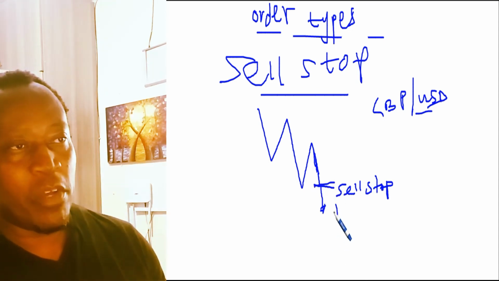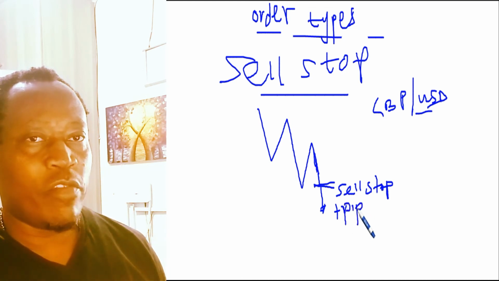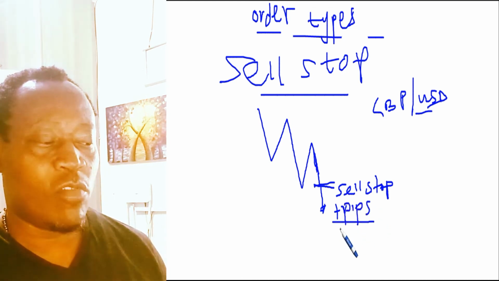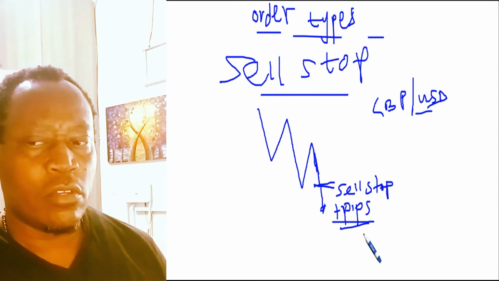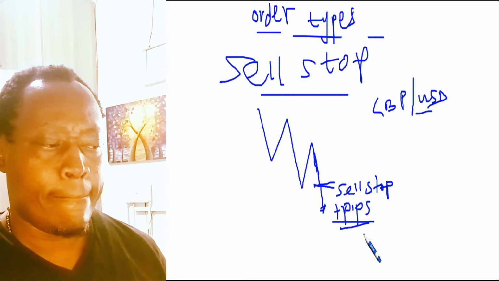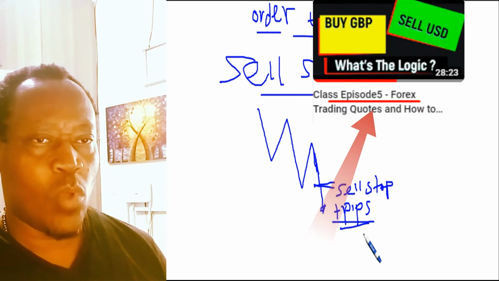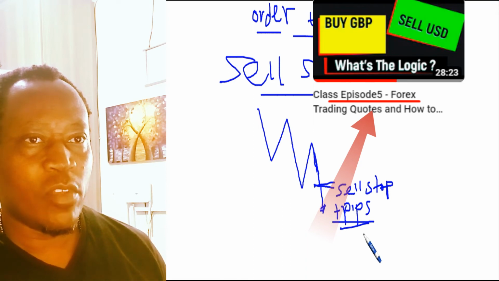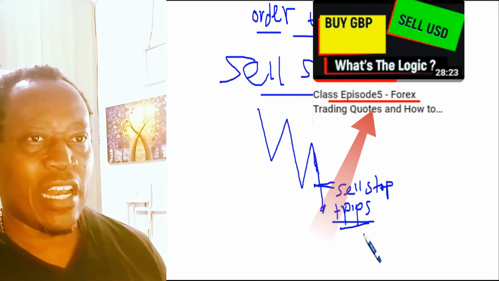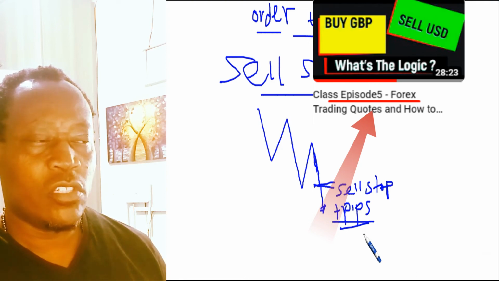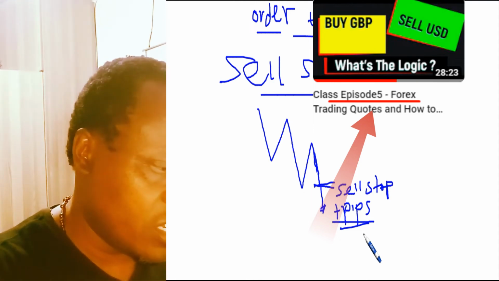If you don't remember that, please check one of our videos where we're talking about how the market works. Remember the logic for buy and sell. Remember that video? The video is up there, please. Let's go and watch it again. Good.